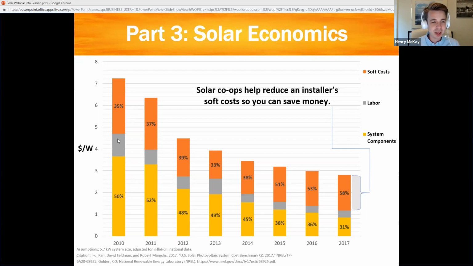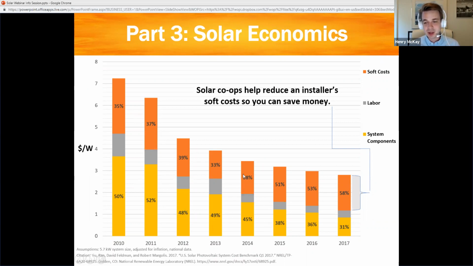The gray bar is labor, and then the orange and red bar at the top is the soft cost. And so you can see, as the cost of a solar installation has shrunk, that's largely been driven by falling labor costs, and especially falling hardware costs.